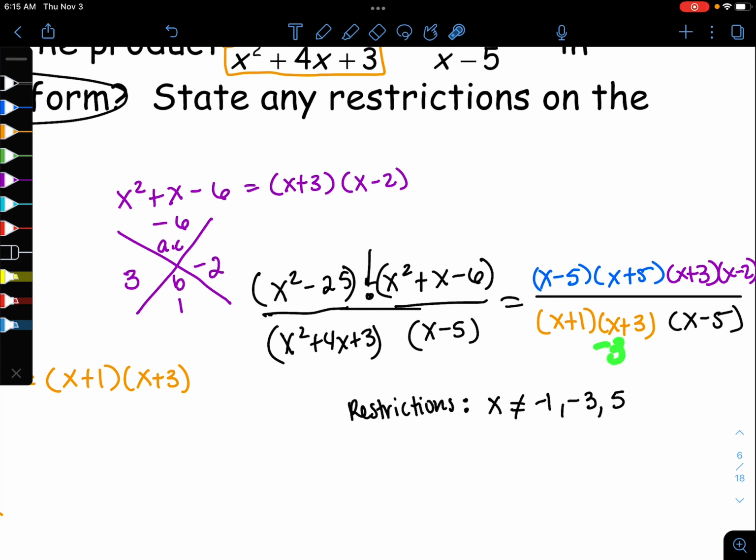If this is -3, it'd be 0. If this is 5, this would become 0. So these numbers cannot be x. So that one will be an answer.